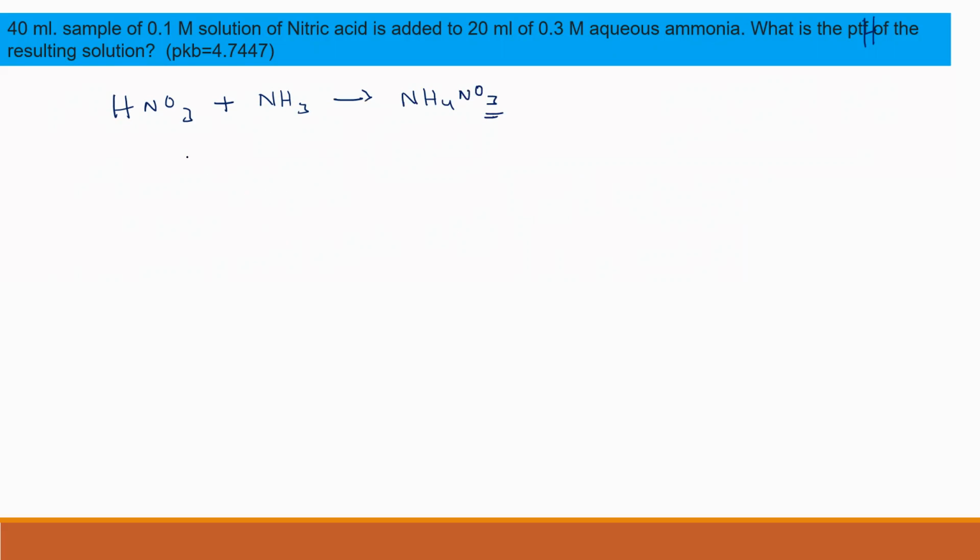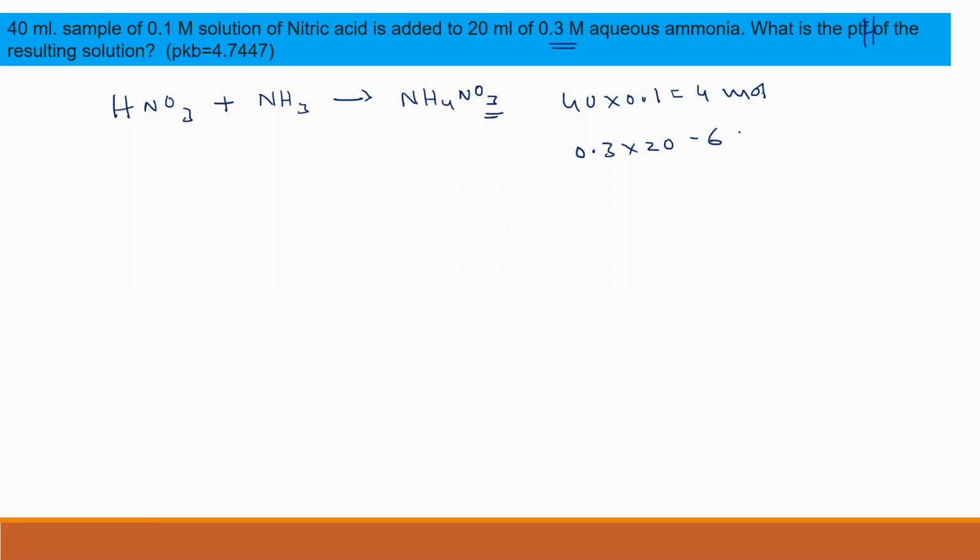Now calculate how many millimoles we have. Millimoles of acid is 40 into 0.1, so we have 4 millimoles. And for ammonia, 0.3 into 20 is 6 millimoles.